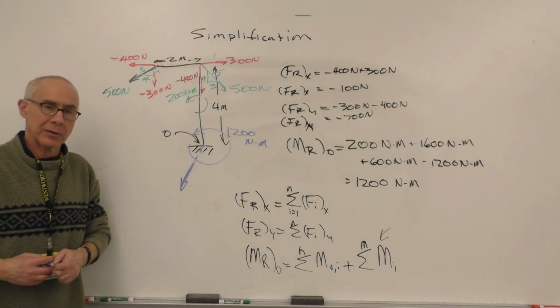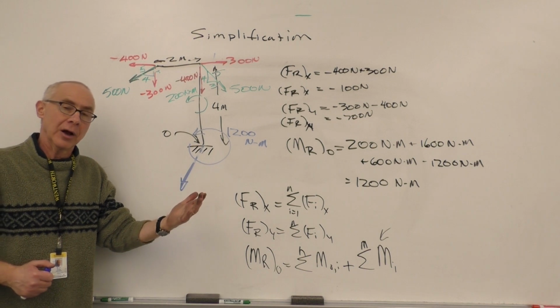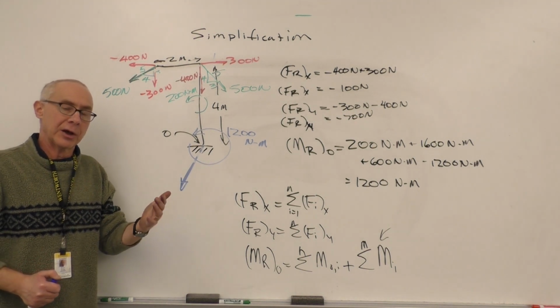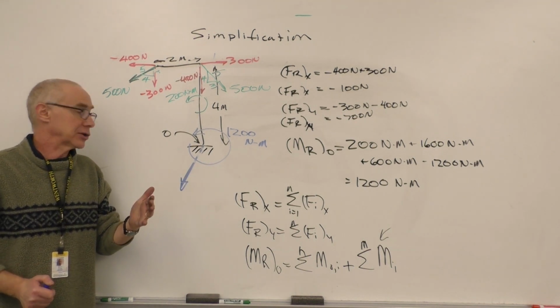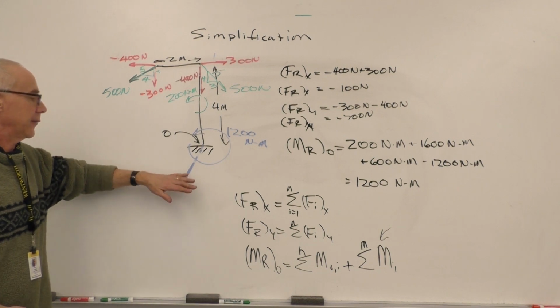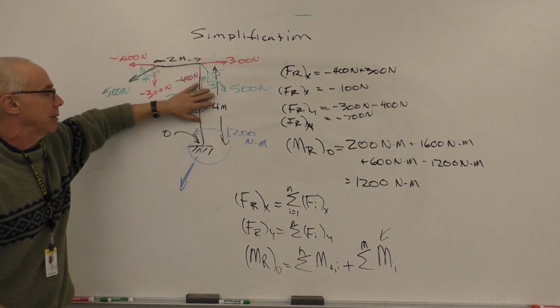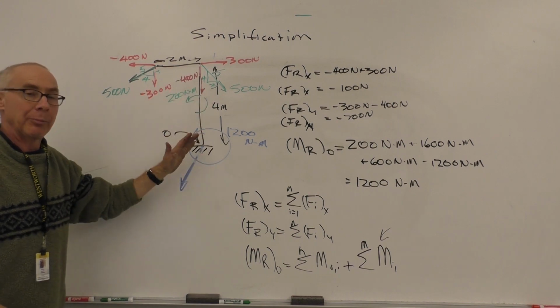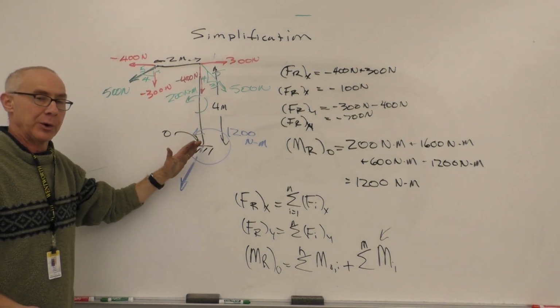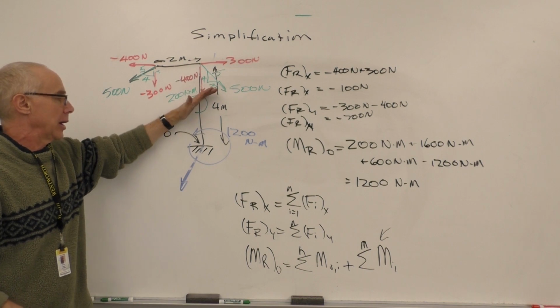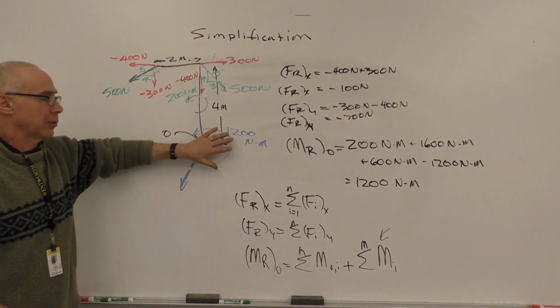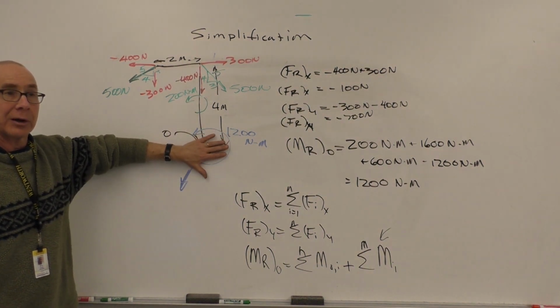And in the next discussion, we're going to talk about simplification where we're only going to have 1 force. We actually reduce everything, including a moment, down to 1 well-placed force. You can't just put the force at point O. We're going to put it somewhere to reproduce this resultant moment. And that's what we're going to talk about next time.